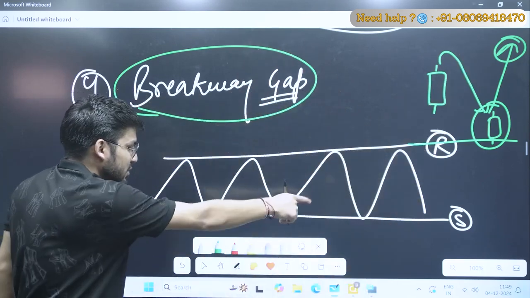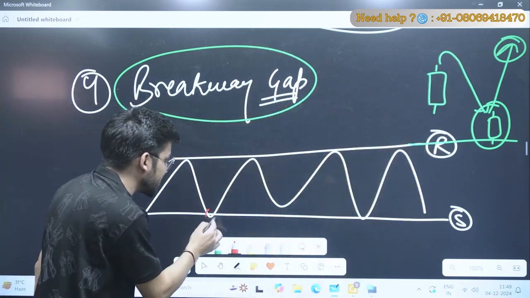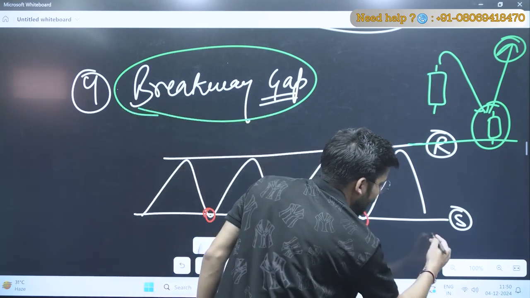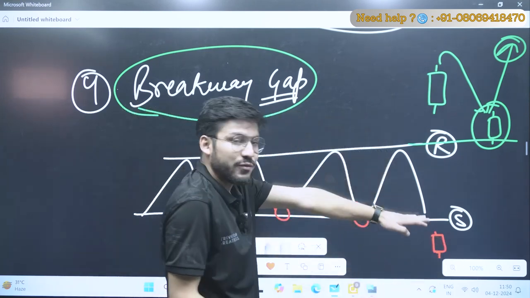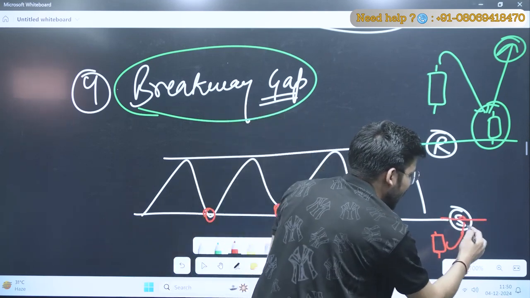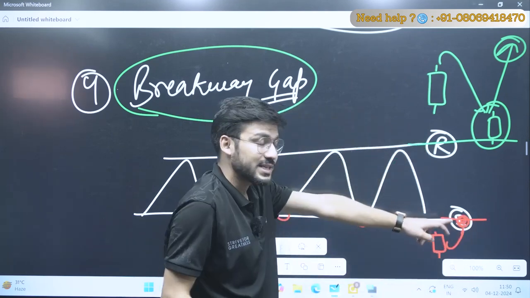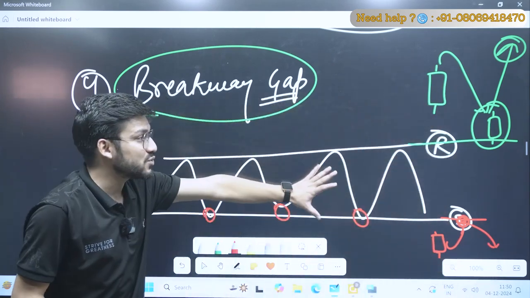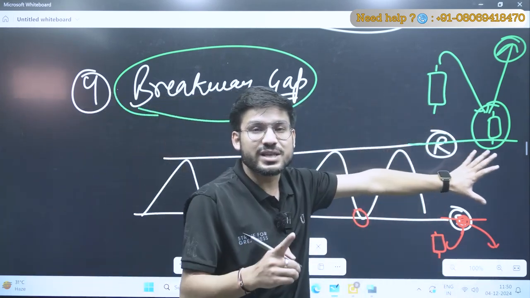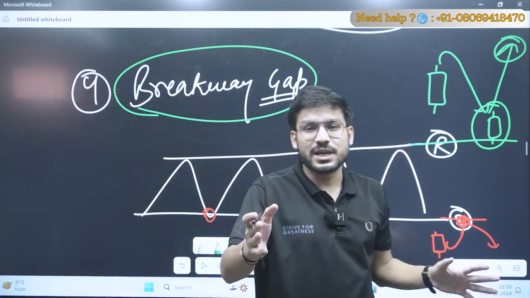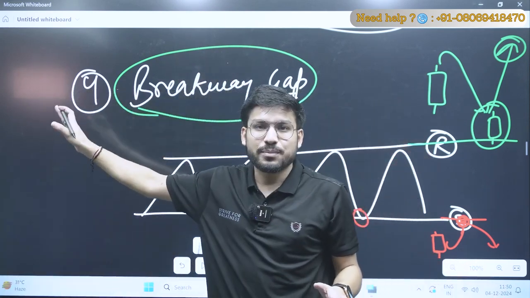Similarly, if this was the support and the market was facing rejection from this support multiple times, and now a candle opens here, breaking away from the support, it will again retest the support, and you take the entry when the market retests, and then it will give you a good movement in the downward direction. So this is a strategy that will help you whenever there is a breakaway gap. I hope the concept is clear. That was our fourth type of gap.